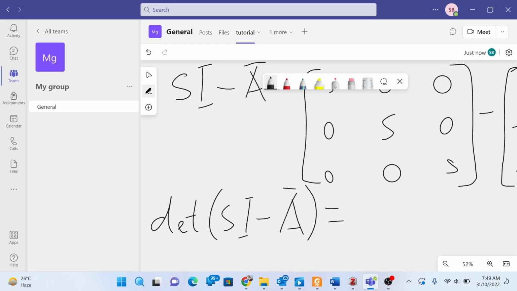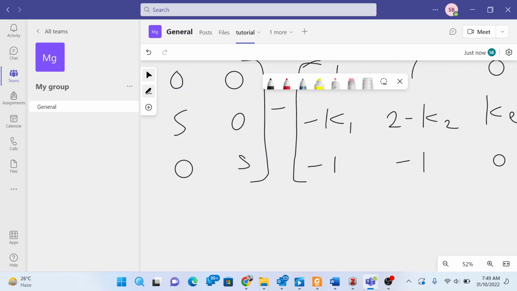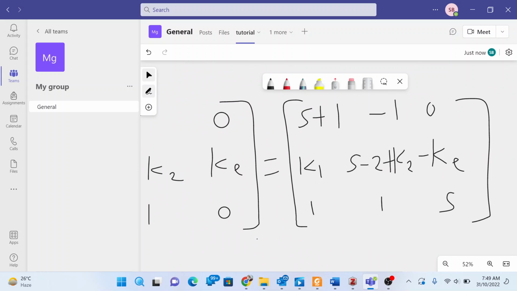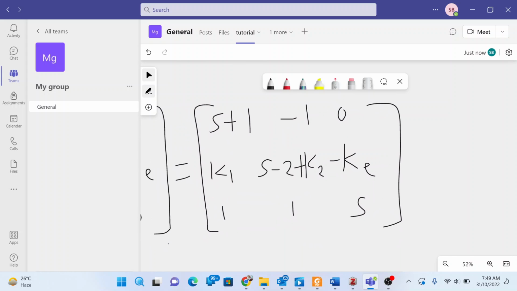If you look at this, to find the determinant the signs are going to be positive, negative, positive.